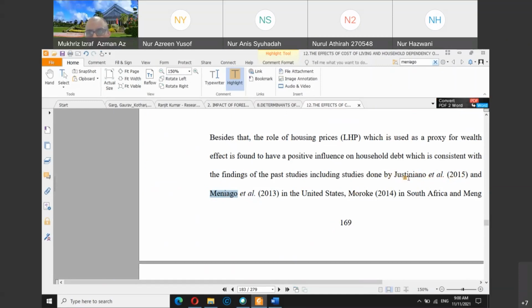So make sure that when you are writing, because the marks awarded to your project are not just about the content, but also the way you write, because writing a thesis is not simply writing nice sentences and good points, but also following the proper way of writing.